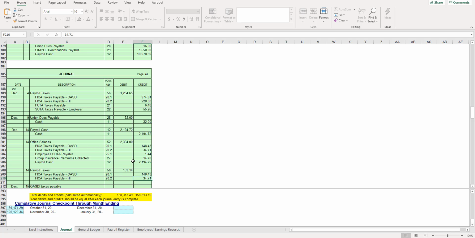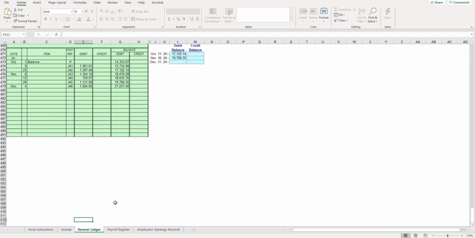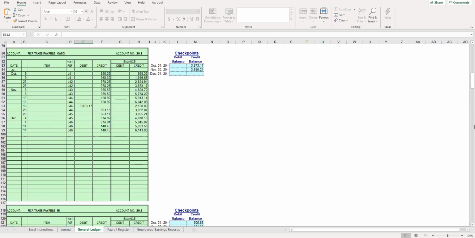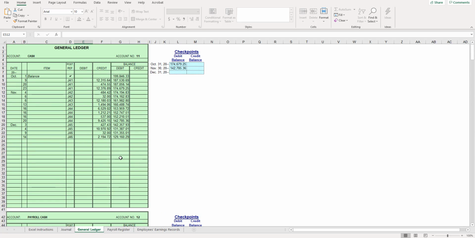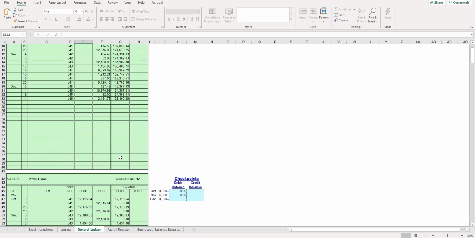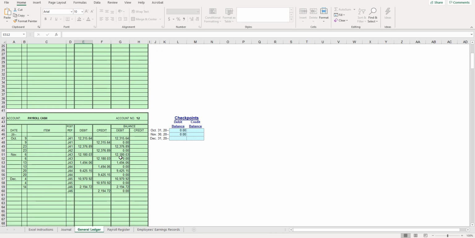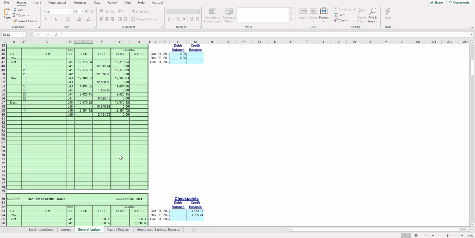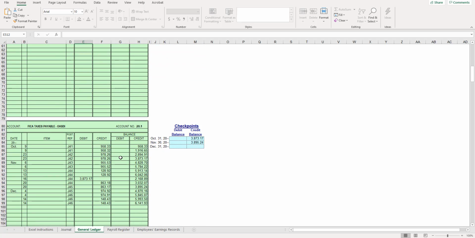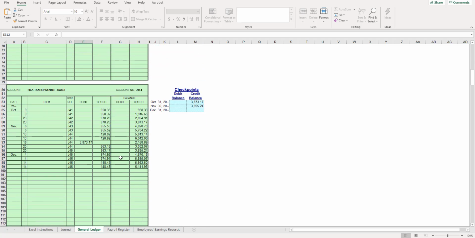Okay, once you have journalized, make sure you also have posted those items to the general ledger. I'm going to click over to this general ledger here, and I will slowly scroll through it. I've got the December 14th transactions in my ledger. If you want, you can review those.